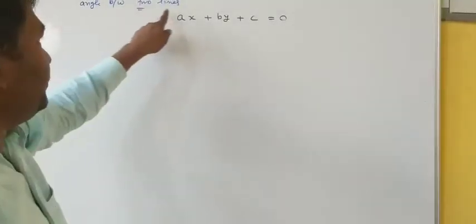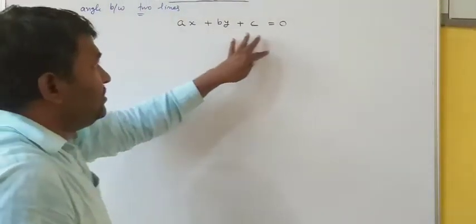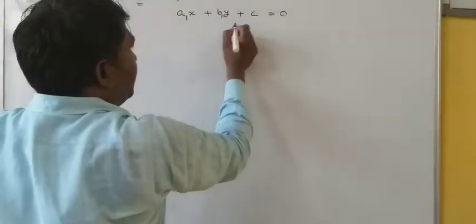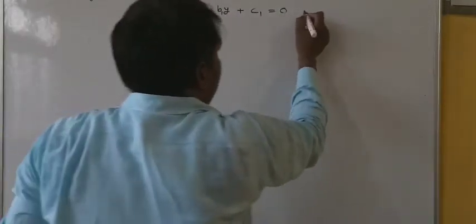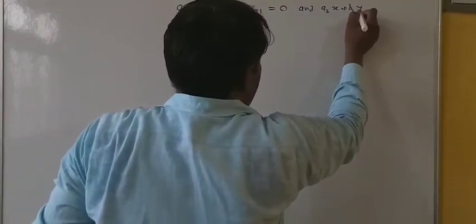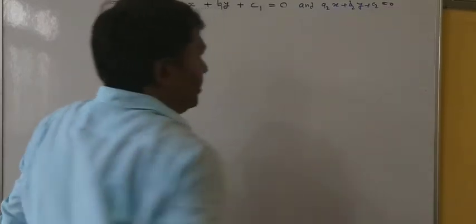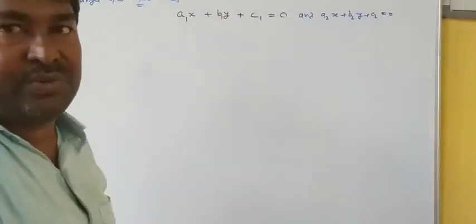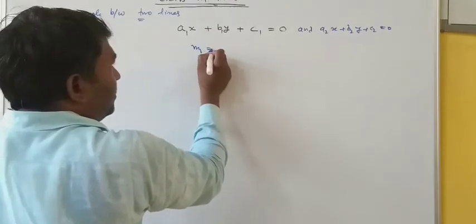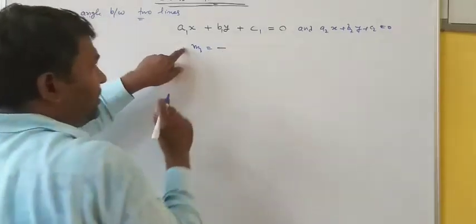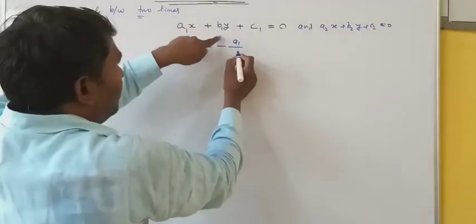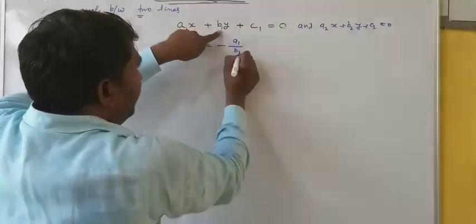Okay, so angle between 2 lines. If 2 lines in general form you are given a1x plus b1y plus c1 is equal to 0 and a2x plus b2y plus c2 is equal to 0, then how can you find the angle between these two? Quite simple. What is the slope of this one? m1, as we have calculated, is the negative coefficient of x, that is a1, upon the coefficient of y, b1.